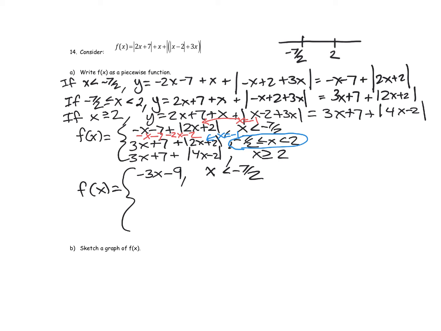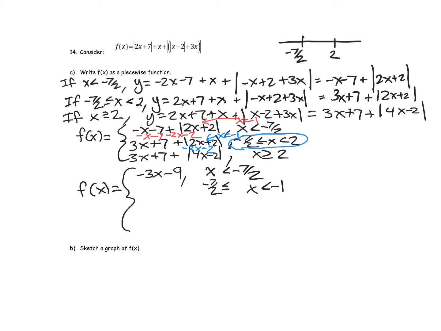So let's do that. The first case would be if x is greater than or equal to negative 7 halves, but less than negative 1. That means 2x plus 2 would be negative. So if I had negative 2x minus 2, then my function's going to end up being 3x minus 2x.